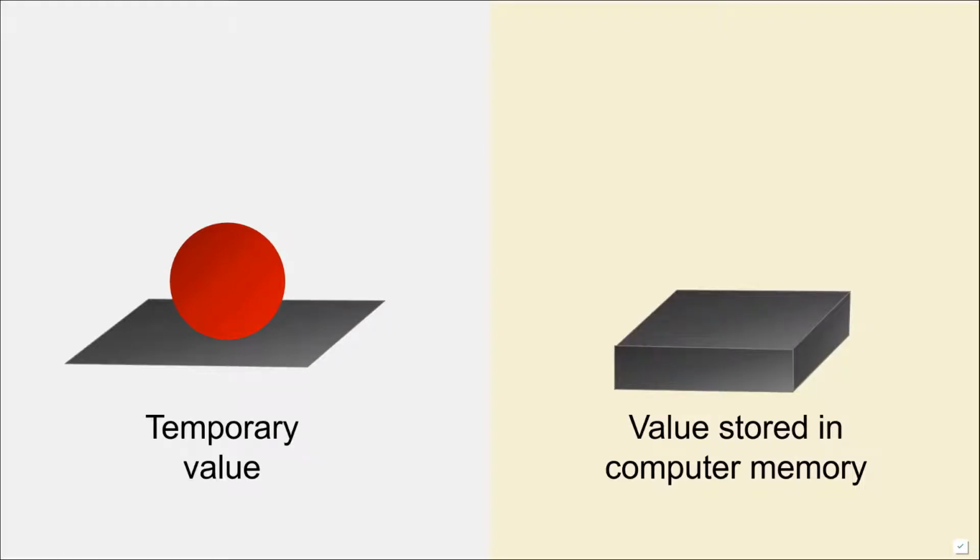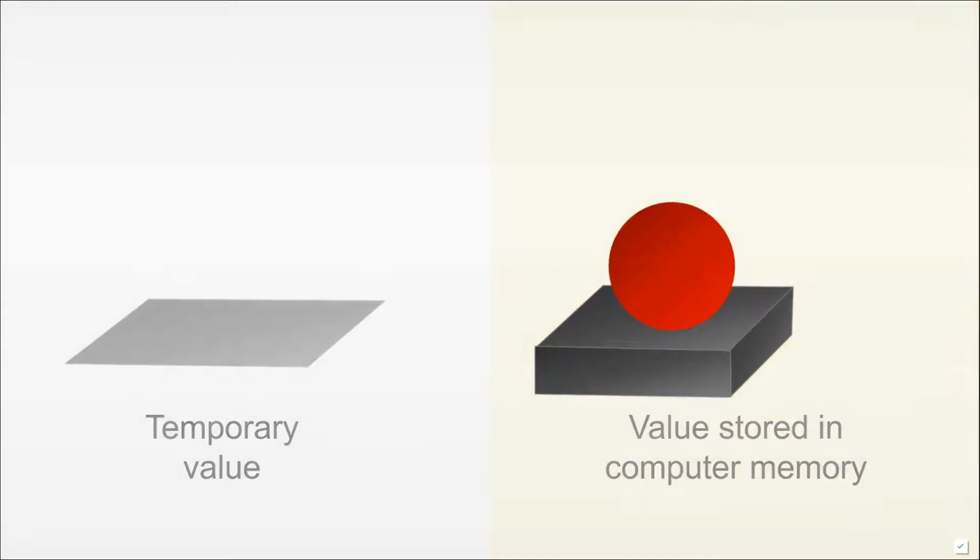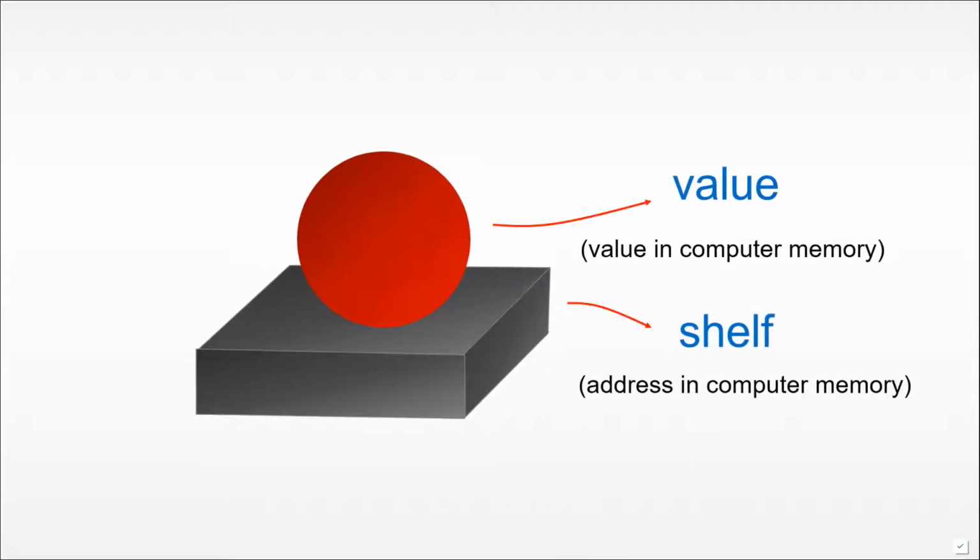Or if we think about a value being stored in memory, we can think about moving that ball into a shelf and then using it later on when we would actually need it. So the value is stored in computer memory. So in this case, we have the ball, which is the value, and then the shelf itself represents an address in memory, a place which we would name so that we can get the needed value as it is required.